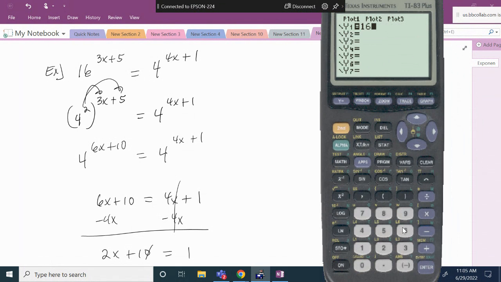I'm going to put in 16 raised to the 3x plus 5 power. I want to go to y sub 2. I'm going to put in 4 raised to the 4x plus 1 power.